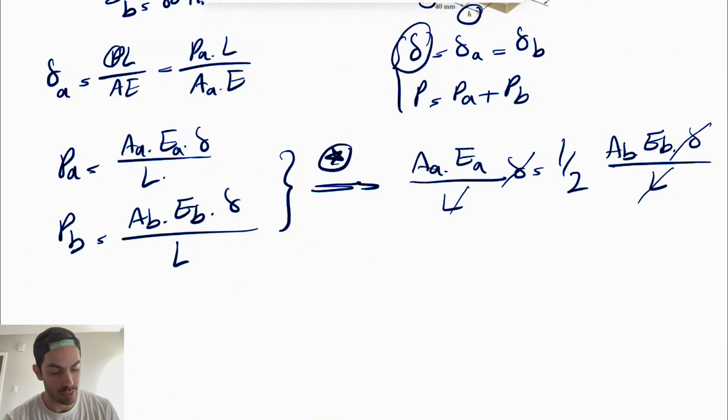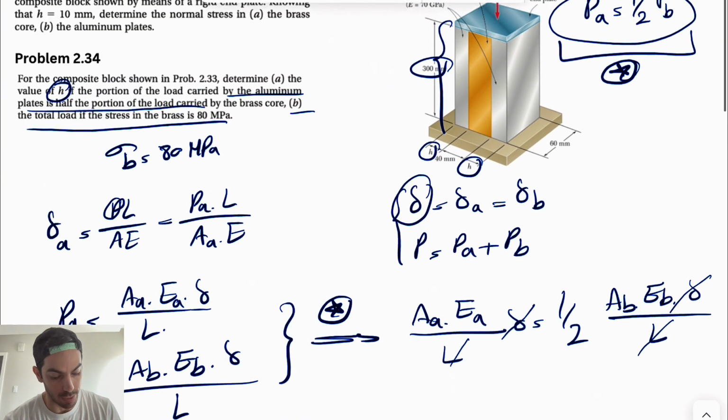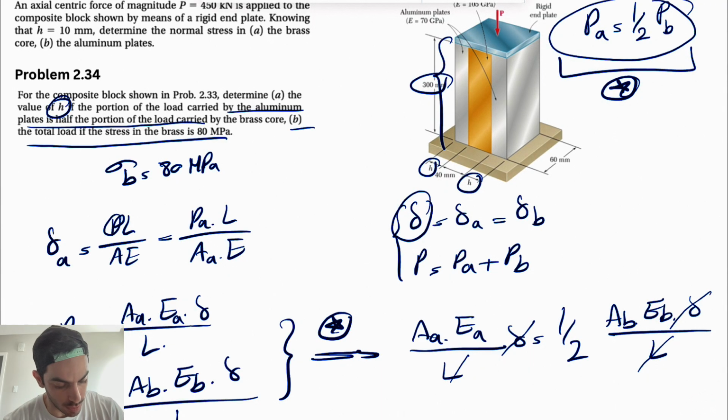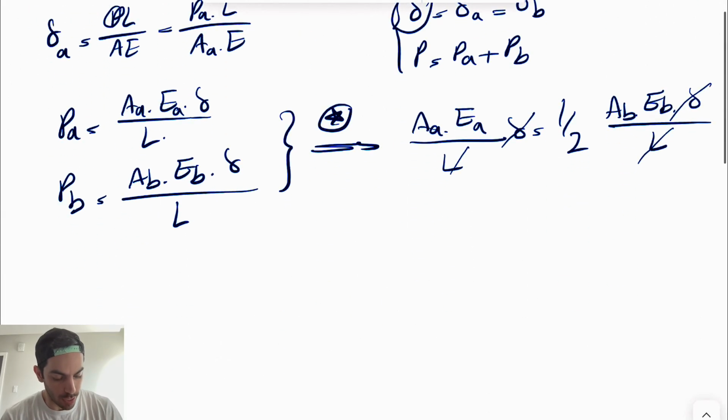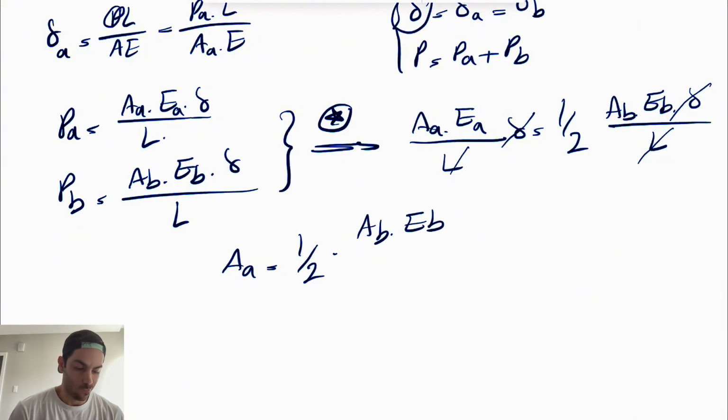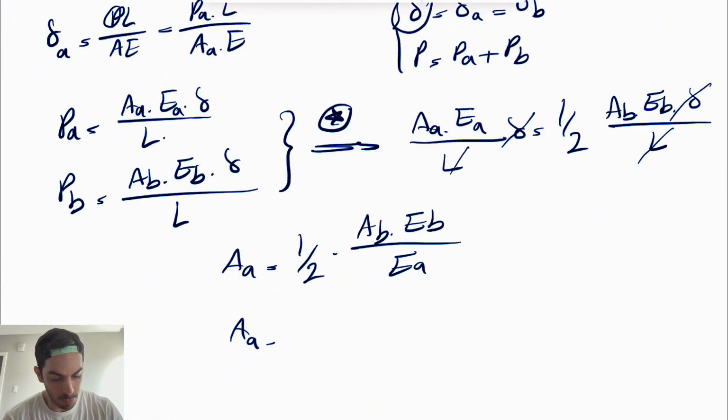What's missing in here is the area of the aluminum, because that would involve H. We are interested in these areas, which would be basically 60 times H times 2 because we have 2 plates. If we want to find the area of the aluminum, this would be 1/2 of AB times the elastic modulus of B over EA. So we can find the area pretty easily.